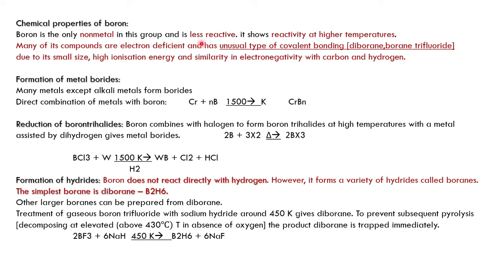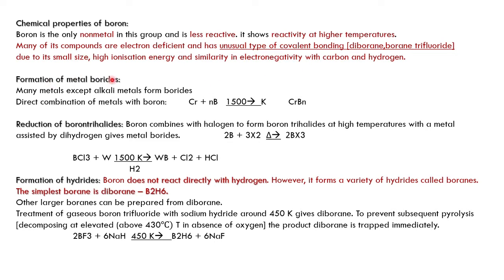So it is less reactive, but at high temperature it will react, and it is an electron deficient compound. Boron has 3 outermost electrons, so it forms an unusual type of covalent bonding. For that we will see 2 examples, diborane and boron trifluoride.